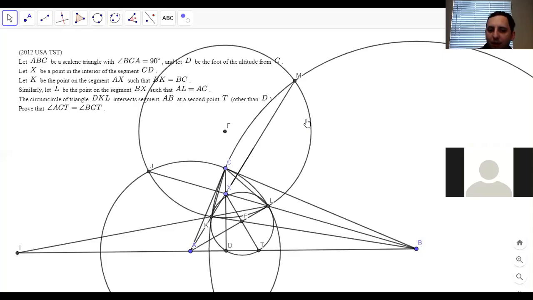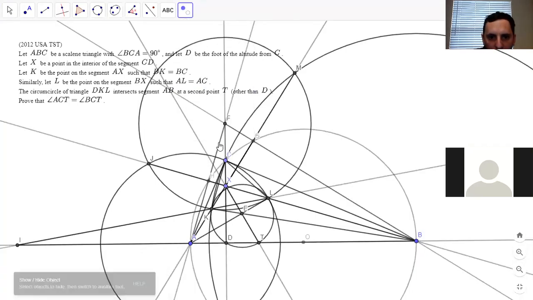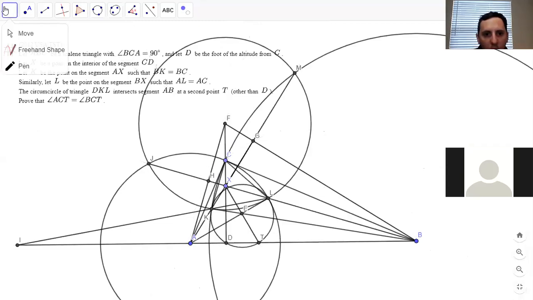It must be, because if F is the orthocenter, AC squared will be equal to AK times AM. No, could you unhide FA, FB and the points G and H. Okay. Yeah, that looks better.